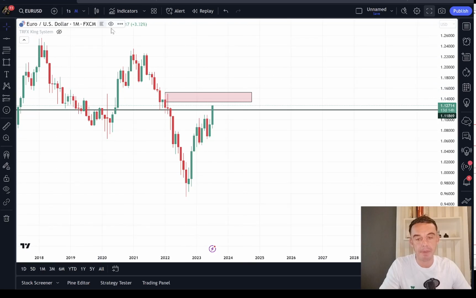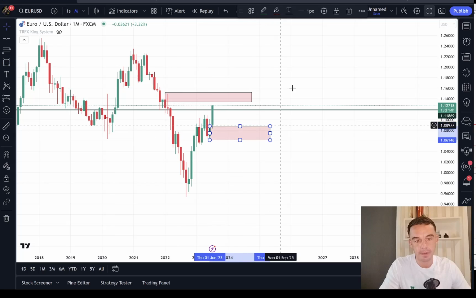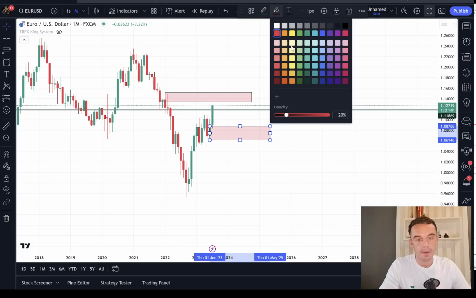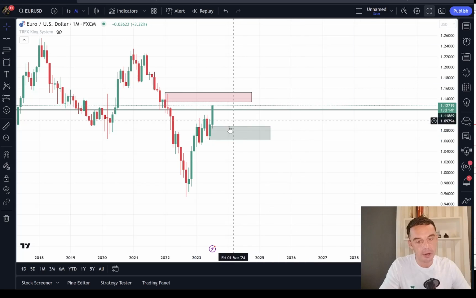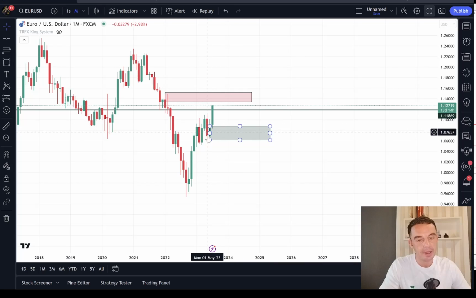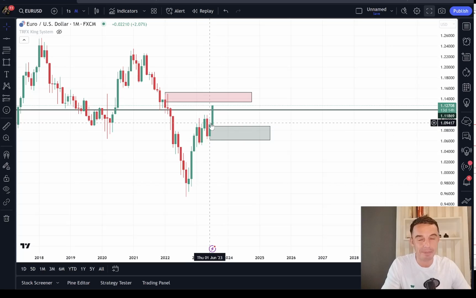Next, a newly created buy zone is here. The reason it's newly created is we had the swing high, a new swing low, and then the market rallied up again, creating a new high on the monthly chart. So that is a newly created buy zone, a demand zone.